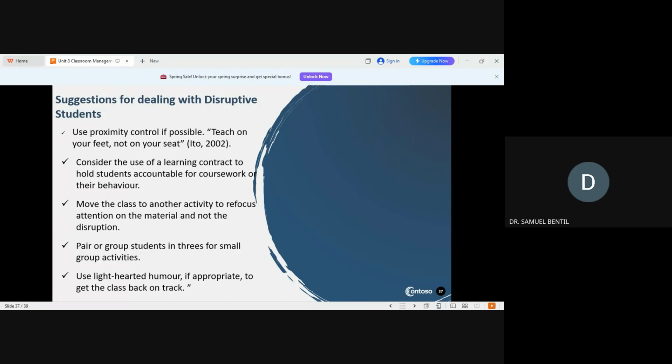Now, one of the things you can do is to use what we call proximity control if possible. Proximity control means that some of these students normally hide behind the student at the back and misbehave. So what you can do when you are teaching is to teach on your feet, not on your seat.